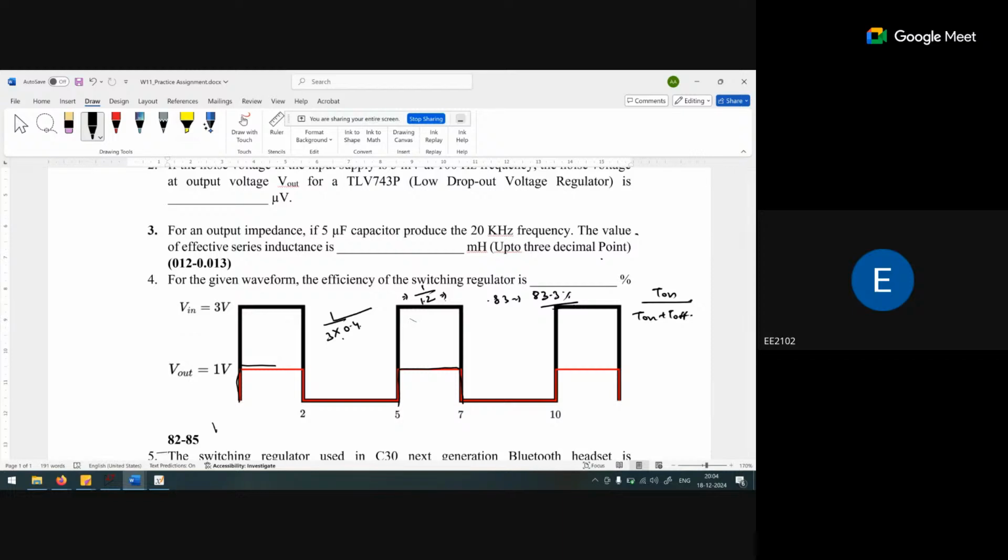I am not giving the unit; it could be 2 second or 2 millisecond, but it is always 2. And T on plus T off, that means from 5 to this point, is 5 milliseconds. Millisecond and millisecond cancel out, so it is 0.4.